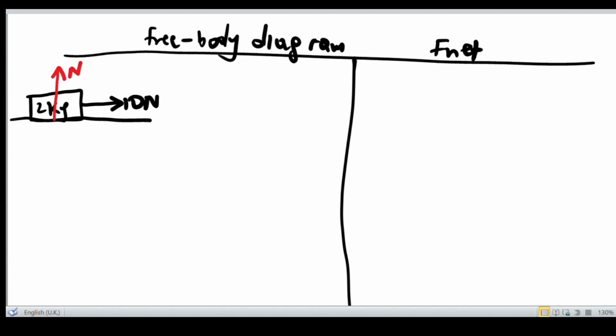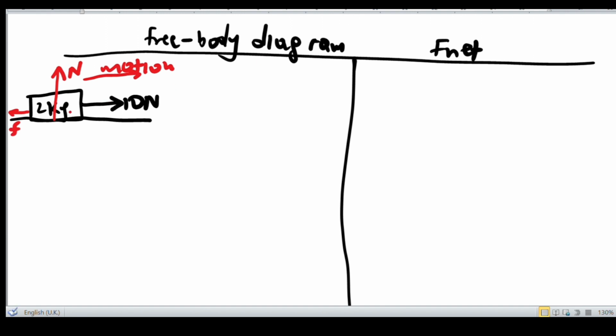Normal force is the force that acts perpendicular to the surface. The surface is rough. We have, let's say, the motion is in this direction. Therefore, the friction will oppose the motion as its definition is such.